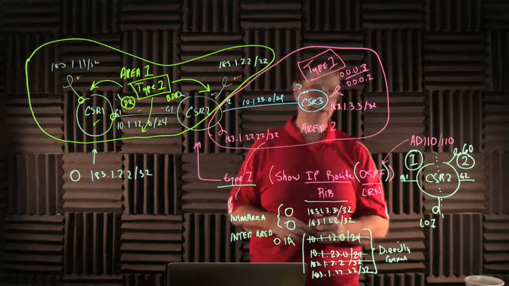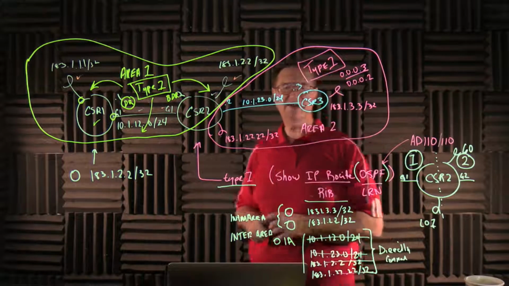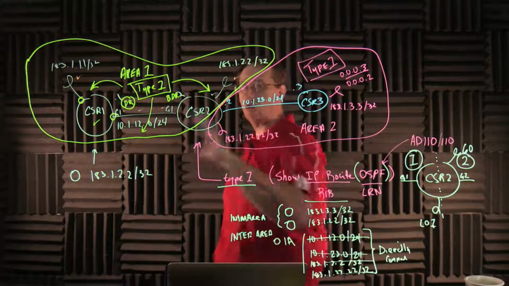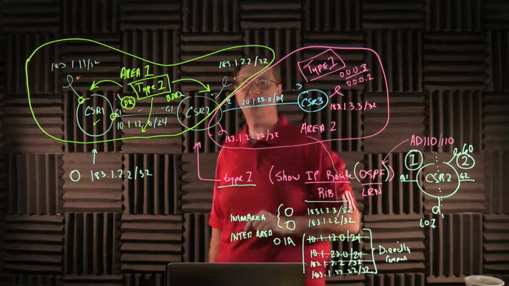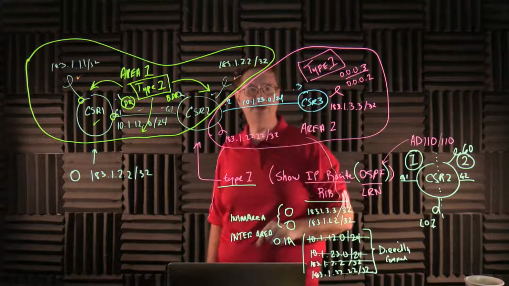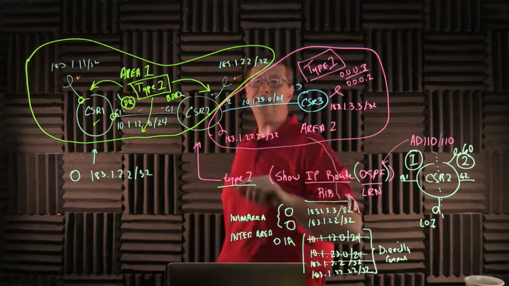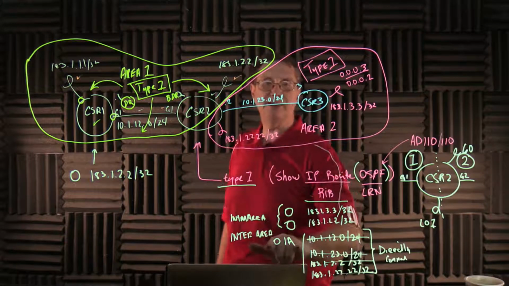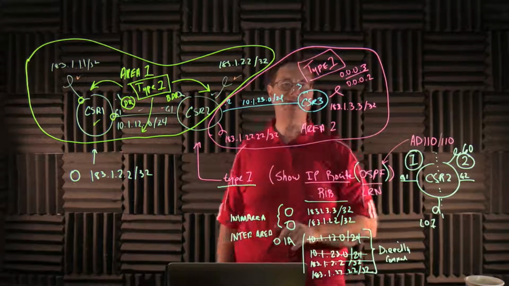OIA prefixes. Now that means I'm going to have to remove some of this configuration here, because when I do learn these prefixes on CSR1, we'll find I'm going to learn about the loopback on CSR3. I'm going to learn about the physical connection between CSR2 and CSR3, and I'm going to learn about the loopback 1 interface on CSR2, and every one of these prefixes are going to be listed in my routing information base as OIA prefixes.